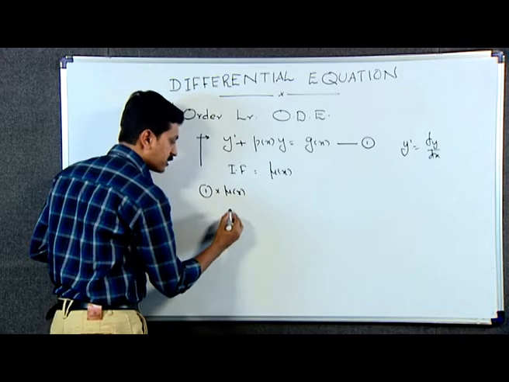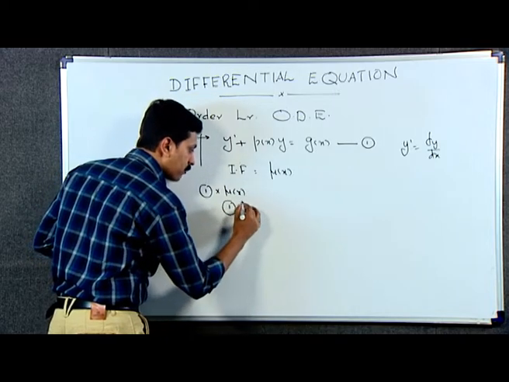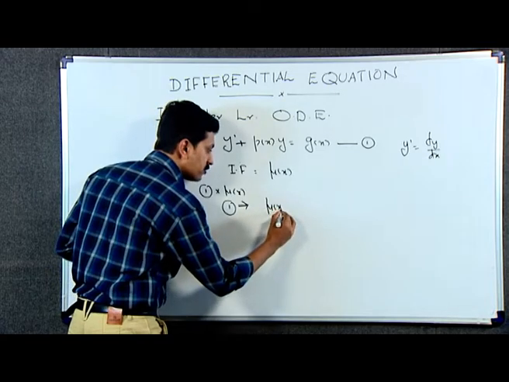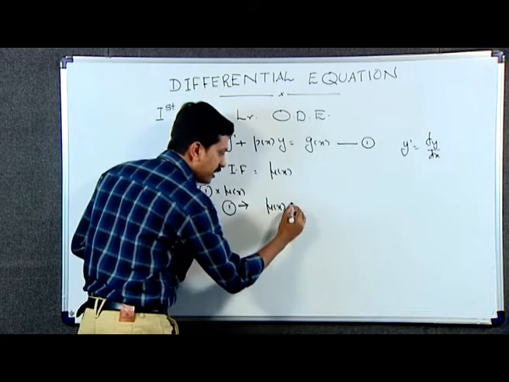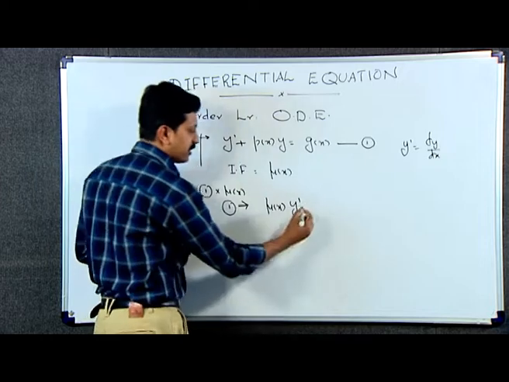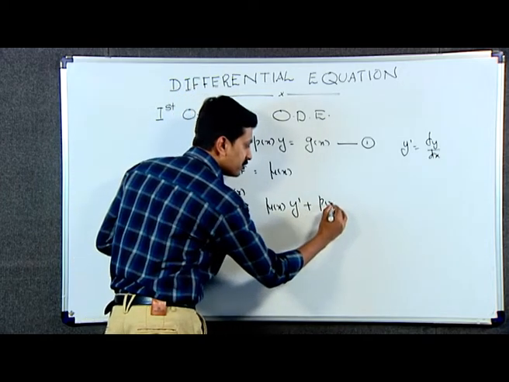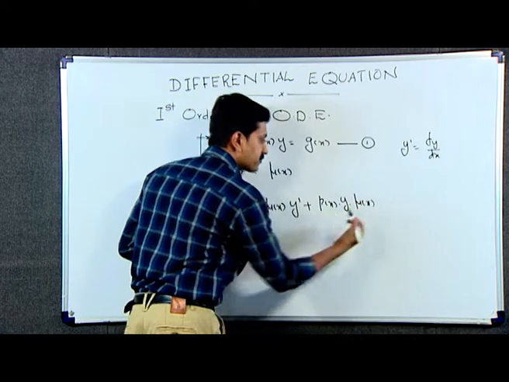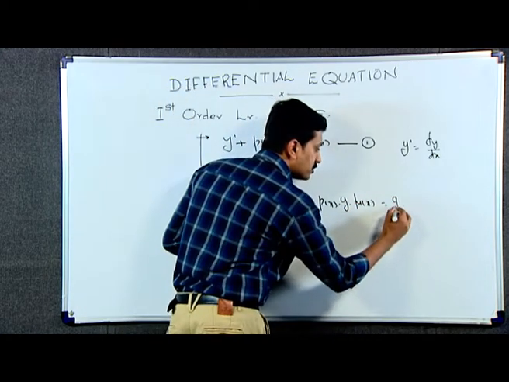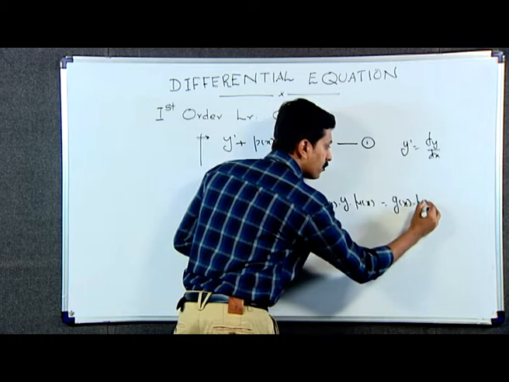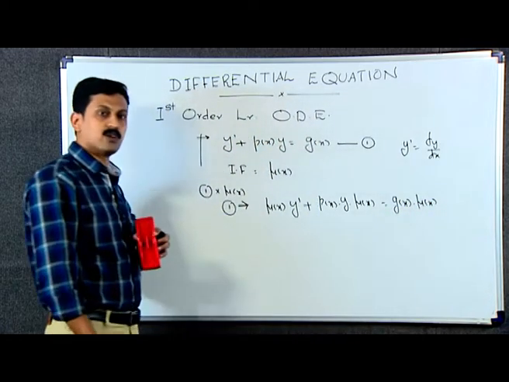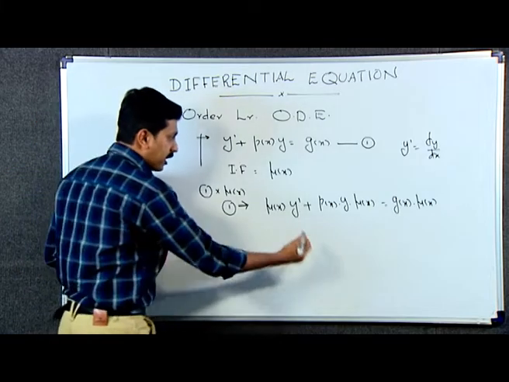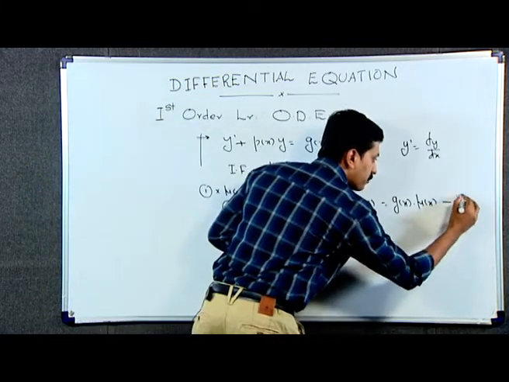Therefore, equation 1 changes as mu of x into y dash plus p of x into y, is equal to g of x into mu of x. I am denoting this as equation number 2.